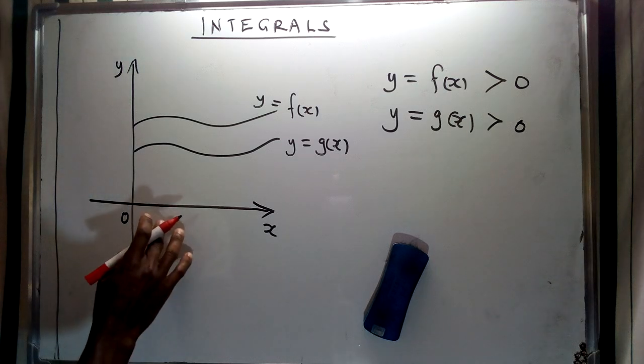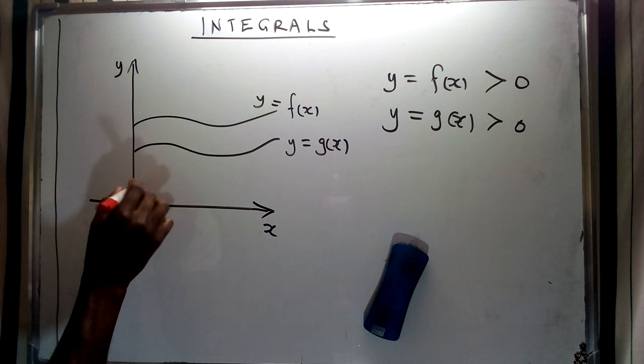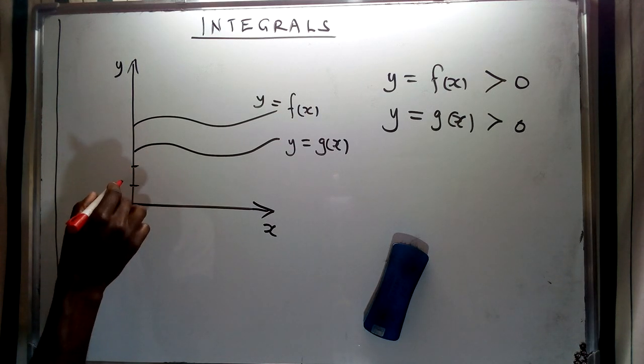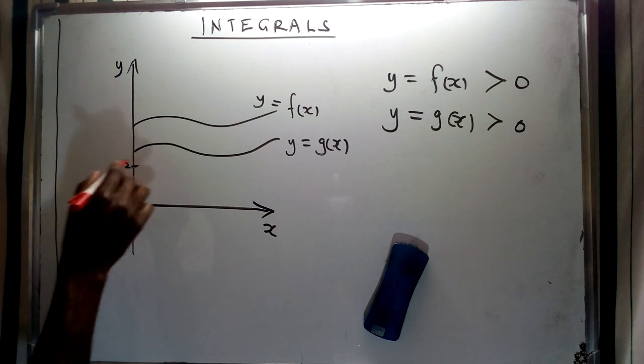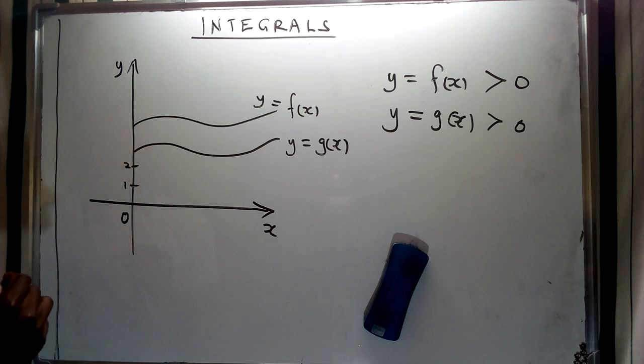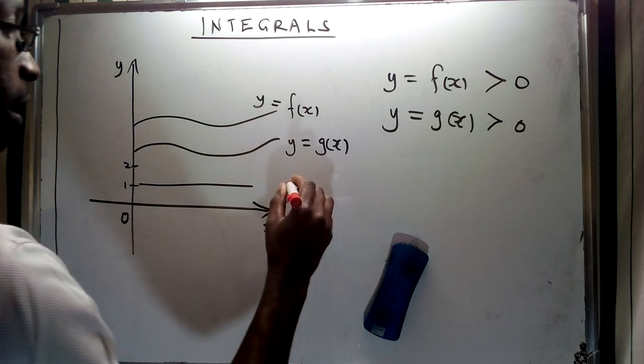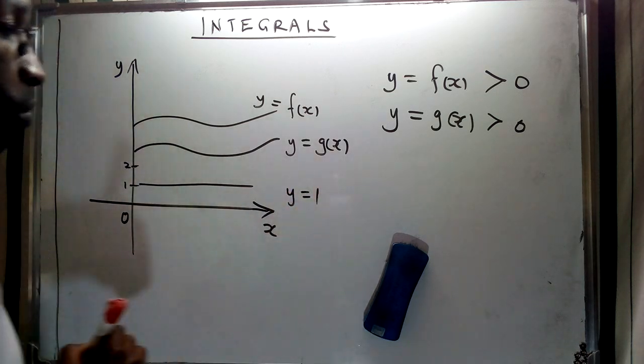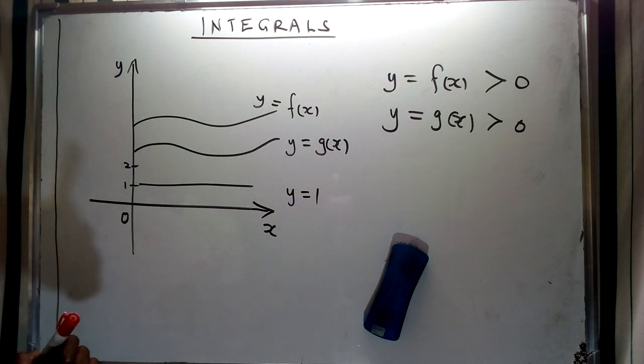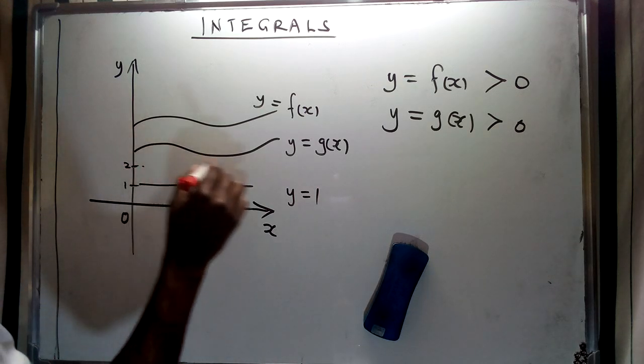Bearing in mind that if we have a function at this specific point marked 1, 2, and we proceed upwards along the positive y direction, I can draw a line at this specific point and write y is equivalent to 1, and this is y is equivalent to 2.